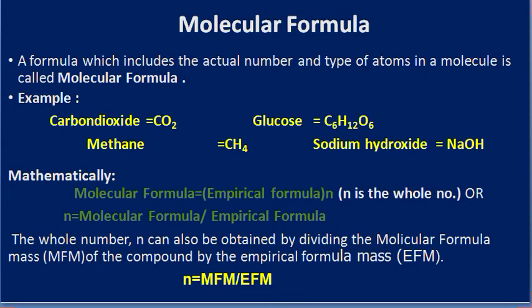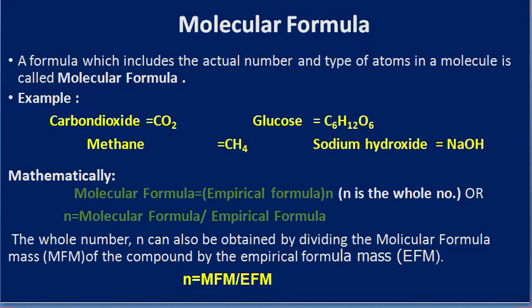Now we will see molecular formula. As you know, it is very common, and the majority we will take is the molecular formula, right? It is the formula which indicates the actual number. Here we are saying actual number, and there we were saying relative number.